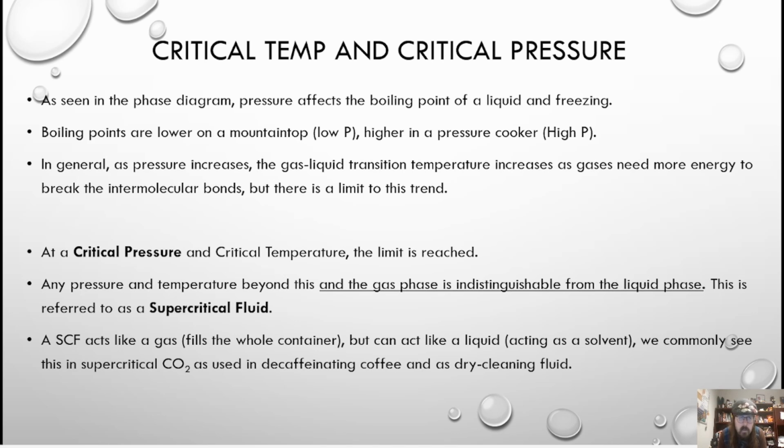The pressure keeps them contained to some extent, and normally they would condense into a liquid, but they have enough kinetic energy, enough temperature, that they're not really bound strongly with intermolecular forces. It acts like a gas, which means it has an indefinite volume.